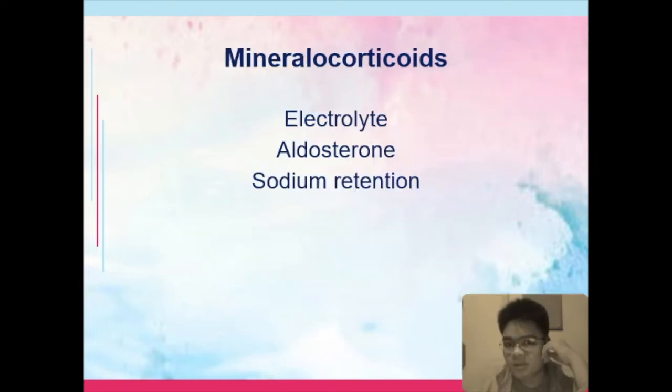Then, mineralocorticoids. Your mineralocorticoid is primarily concerned with your electrolyte control, electrolyte balance. One example of your mineralocorticoid is your aldosterone. Class, your aldosterone, again, I would like to repeat, talks about sodium and water retention. Because of sodium retention, one problem that you would have is, of course, hypernatremia. And then next to hypernatremia, you would have your hypokalemia, because remember, sodium and potassium do not go together hand in hand.